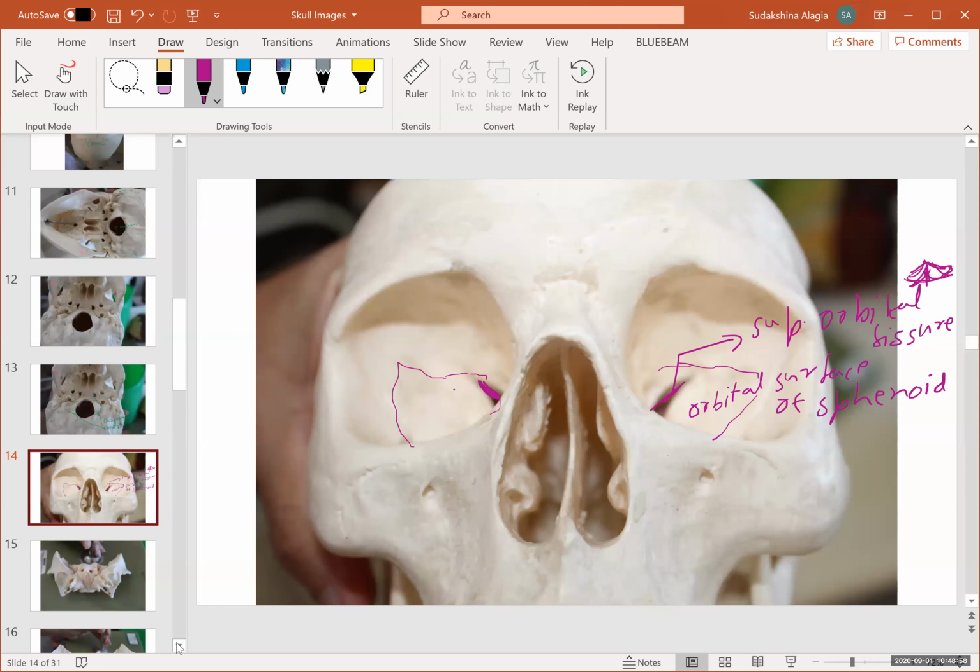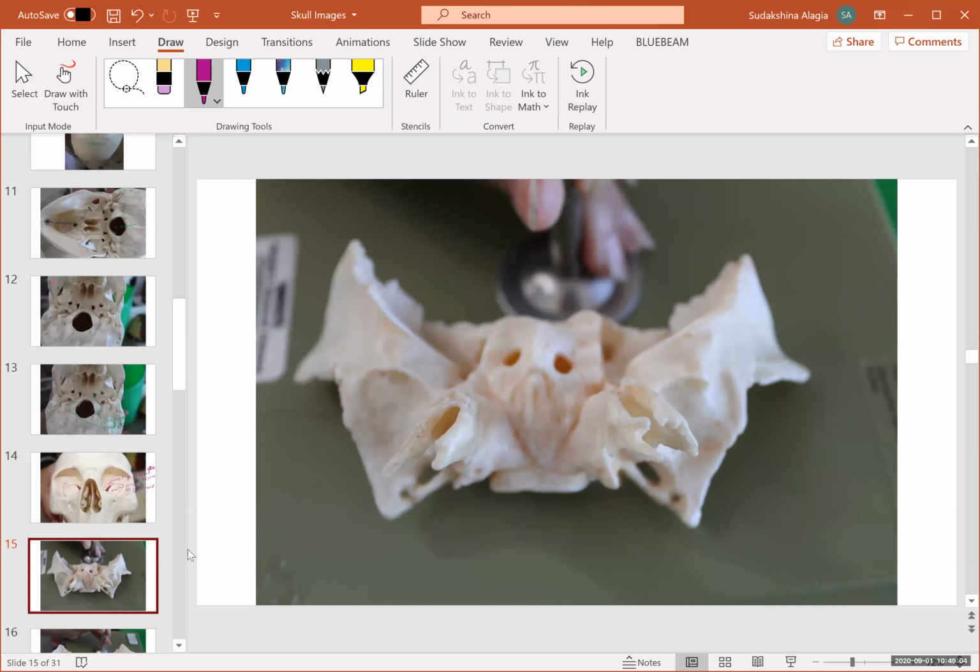Now, a disarticulated sphenoid will show you other structures. So let's look at the sphenoid bone first, just the way it is. This is what we call the inferior view of the sphenoid, meaning we are holding it and looking at it from the bottom of the sphenoid bone.